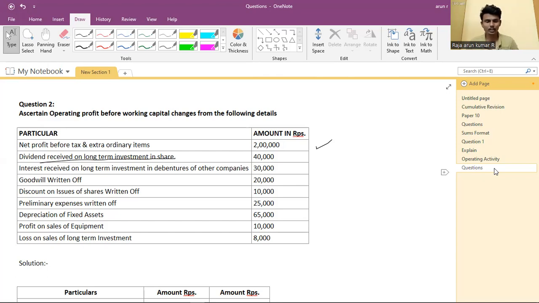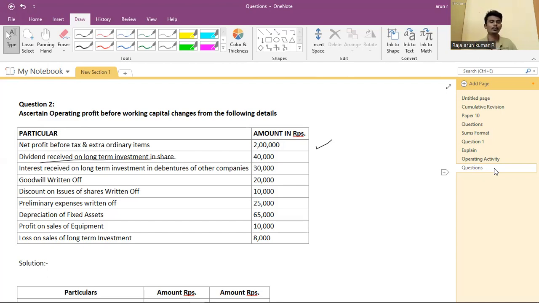Okay, this is my sum number 2, question number 2. You start with question number 2. Net profit before taxes and extraordinary item is given. Dividend received. In this sum there is step 2, that is expenses and losses and income and gain.